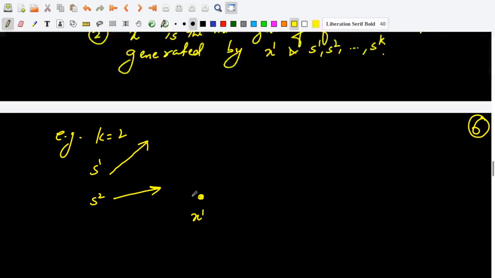So then you start from x1 and do some line search along s1, and this is your x2, and then starting from x2 you pick direction s2 and do a line search along s2 direction, and maybe you reach x3.